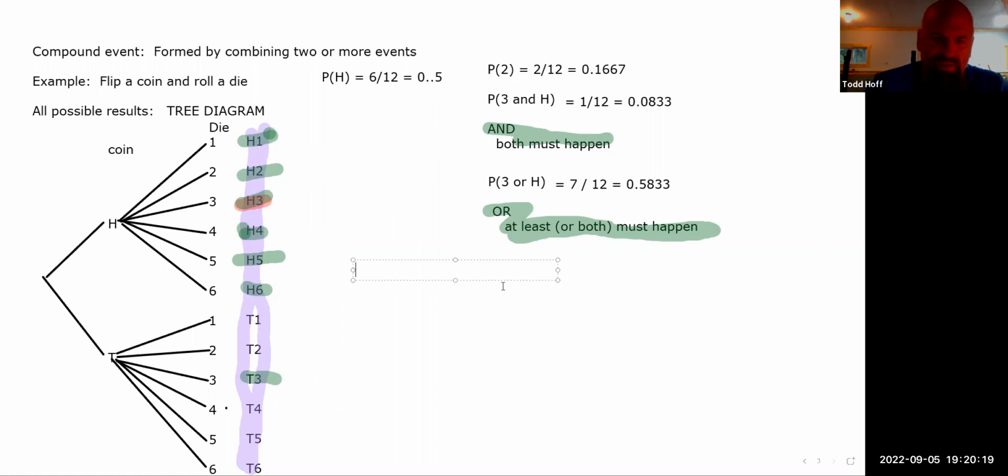If I was just flipping a coin, the probability of getting heads would be 0.5. If I was just rolling a die, the probability of getting a 3 would be 1 out of 6, or 0.1667.